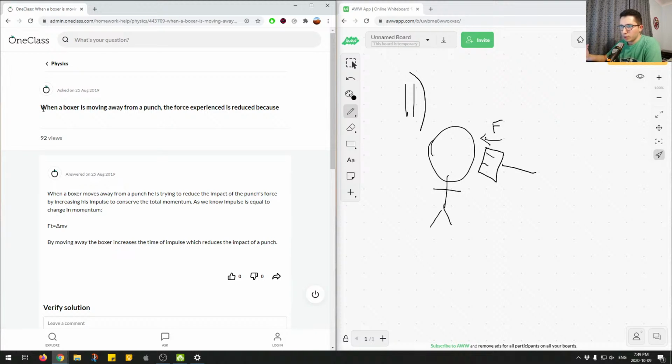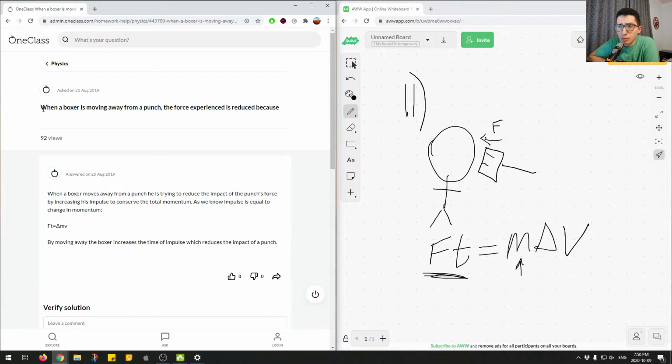So we want to look at the equation for momentum and impulse. So Ft equals m delta v. Here we know the mass is constant, and these are the two variables, force and time.